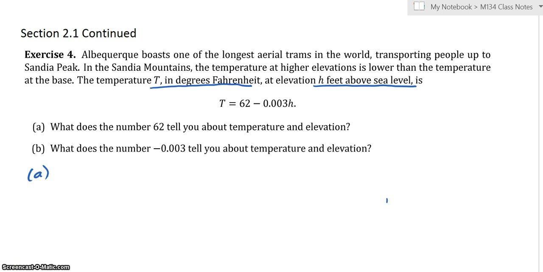So let's go ahead and do this together. 62, if you remember, the book uses y equals b plus mt, but you can use y equals mx plus b. So we know that the b is 62, which is the initial amount.